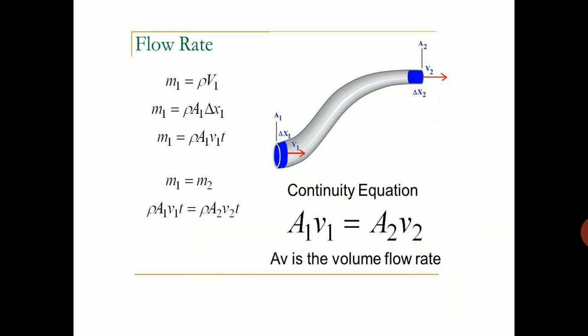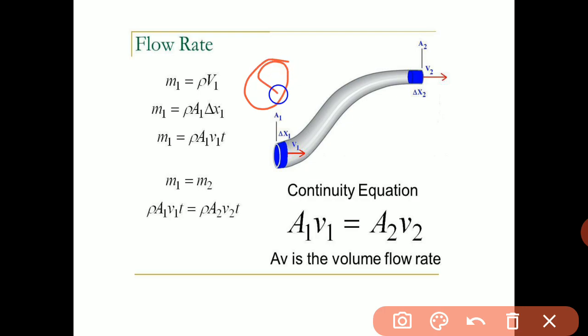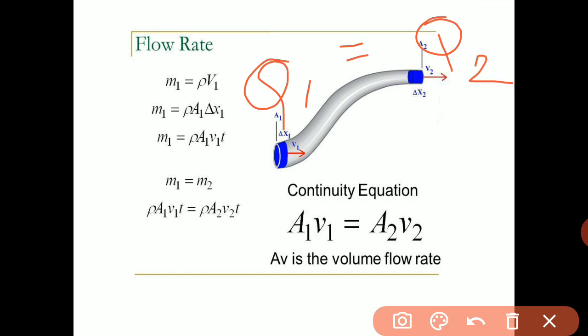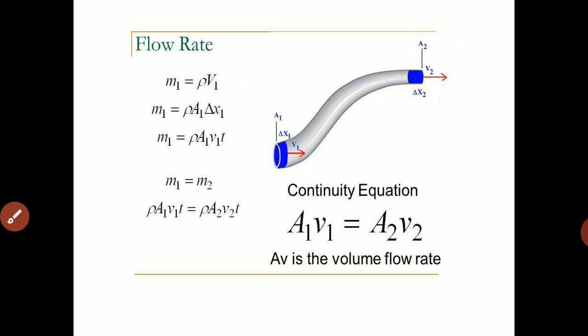So whatever the discharge at the first point is equal to the discharge at the second point, and from common sense it is clear that whatever volume or flow is coming from the first position will be exactly the same when it comes out at the second position. So that is the continuity equation.